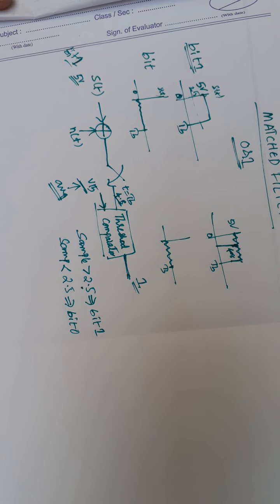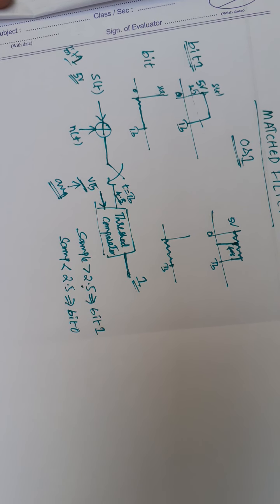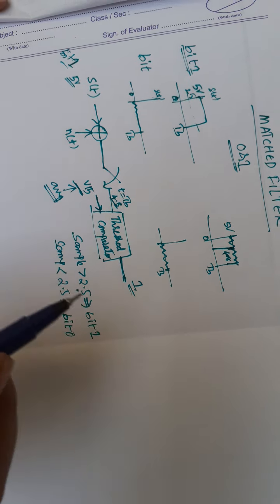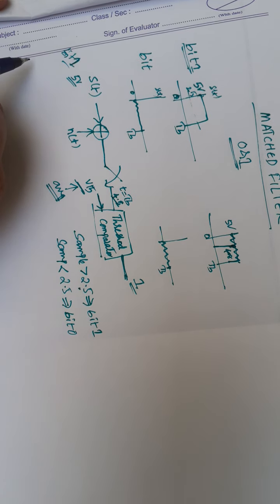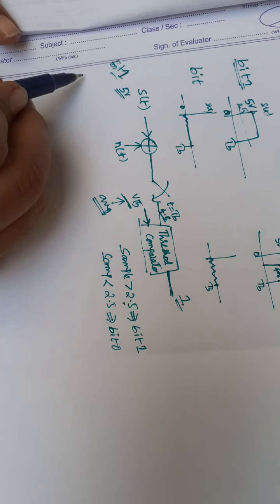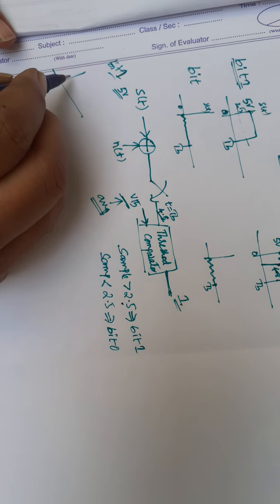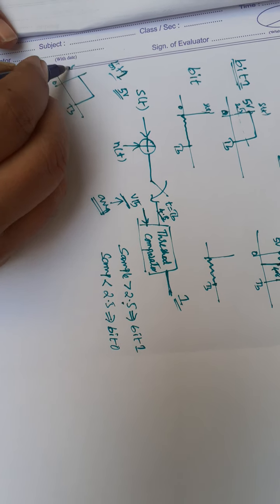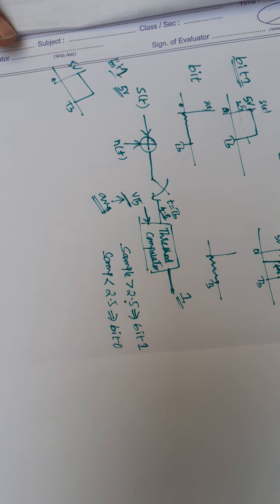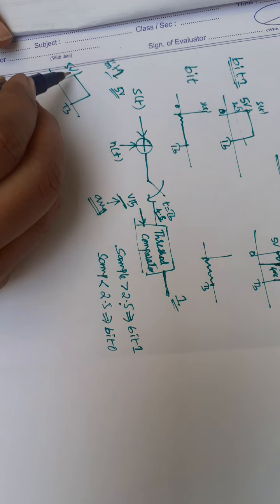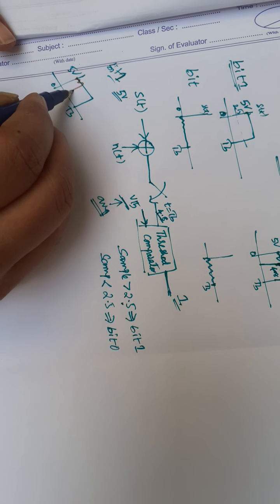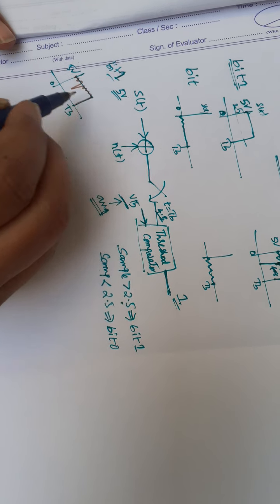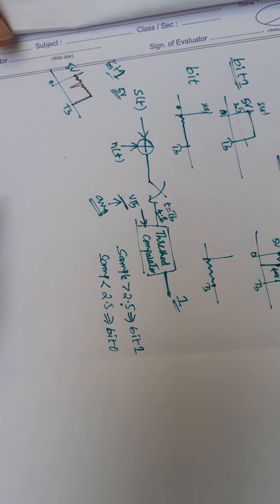Now if the noise is more, if the noise affects the input signal more, the signal becomes like this, from 0 to TB and 5 volts, and the figure becomes this one.